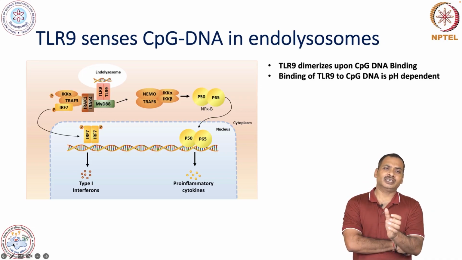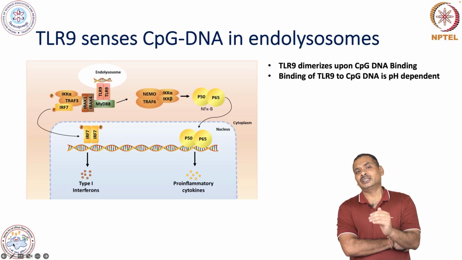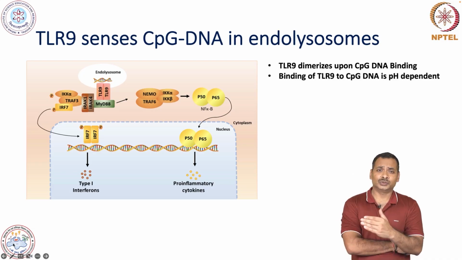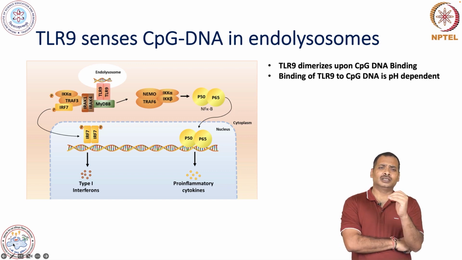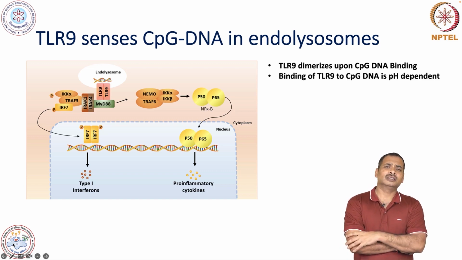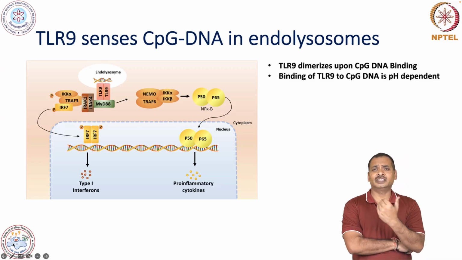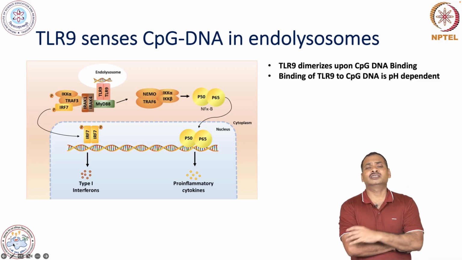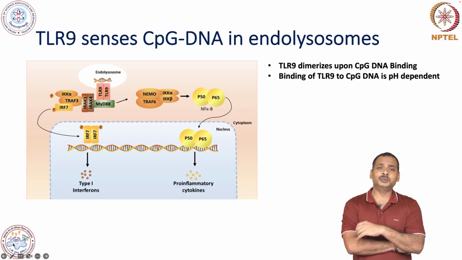IKK kinase will be activated, and then this will activate NF-kappa B to induce pro-inflammatory cytokines. On the other hand, upon sensing, this will also recruit MyD88, and MyD88 activates IRF7, a transcription factor.